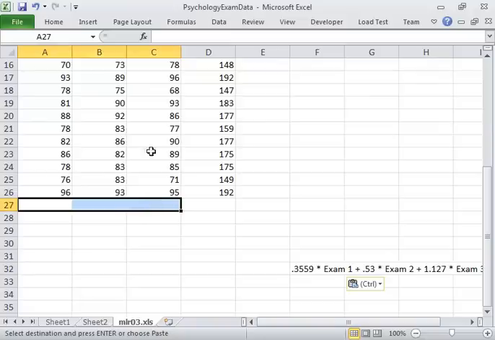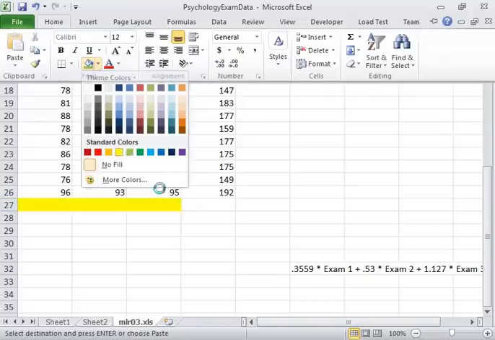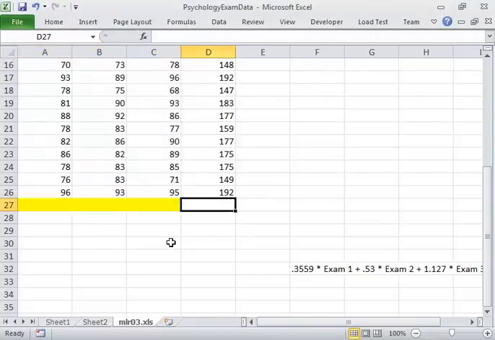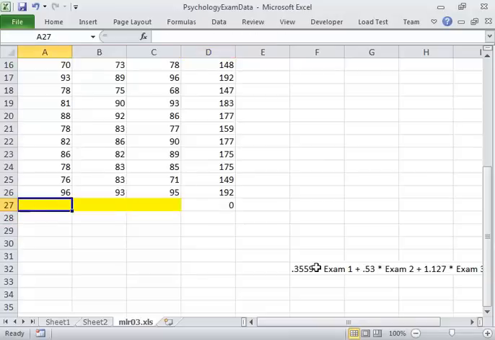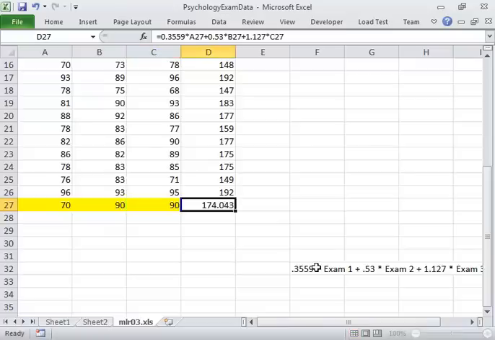So we could have two values here as inputs, and the final exam grade will equal 0.3559 times exam 1 plus 0.53 times exam 2 plus 1.127 times exam 3. So we know that if I got a 70 on the first exam, and then I got a 90 and another 90, I have a 174.